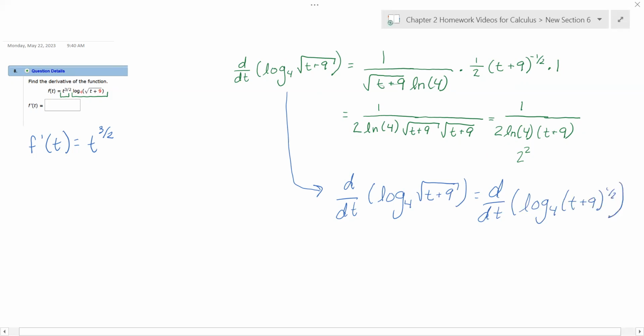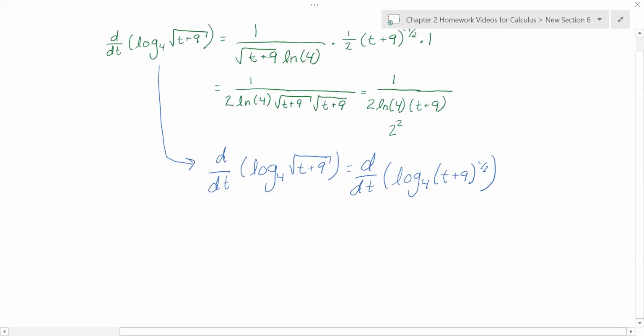We get that 1/2. And now I can use my properties of logs to bring that 1/2 out as a coefficient. So then this is going to be the derivative with respect to t of 1/2 log base 4 of t plus 9. That 1/2 can stay out front.